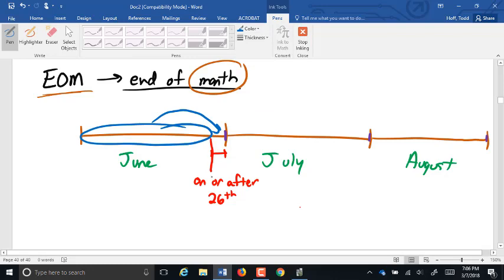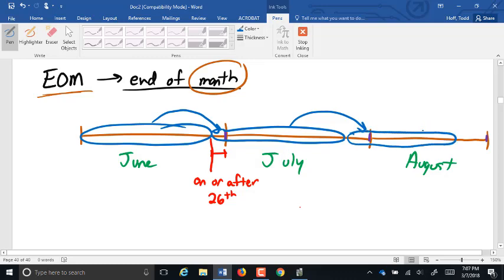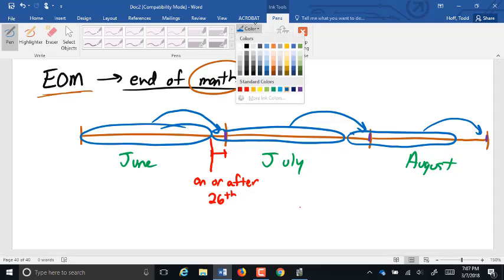So that means that starting on the 26th of June, all of those invoices all the way up to the 25th of July are going to get in the July batch. They're going to be sent out on the last day of July. Then starting on the 26th of July, going through the 25th of August, all those invoices get put together. They get sent out on the last day of August.